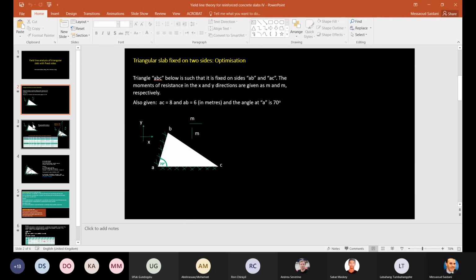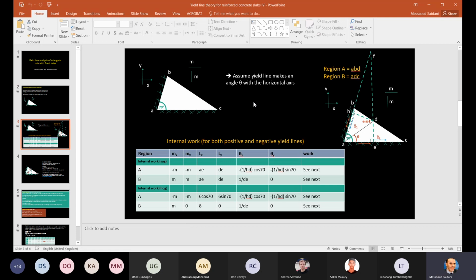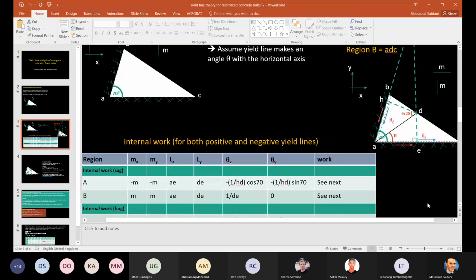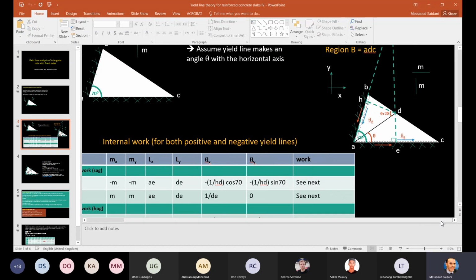So first of all, this is the yield line mechanism here. Please focus on this figure here. I'm going to make it a little bit bigger because I want to explain this to you, please.